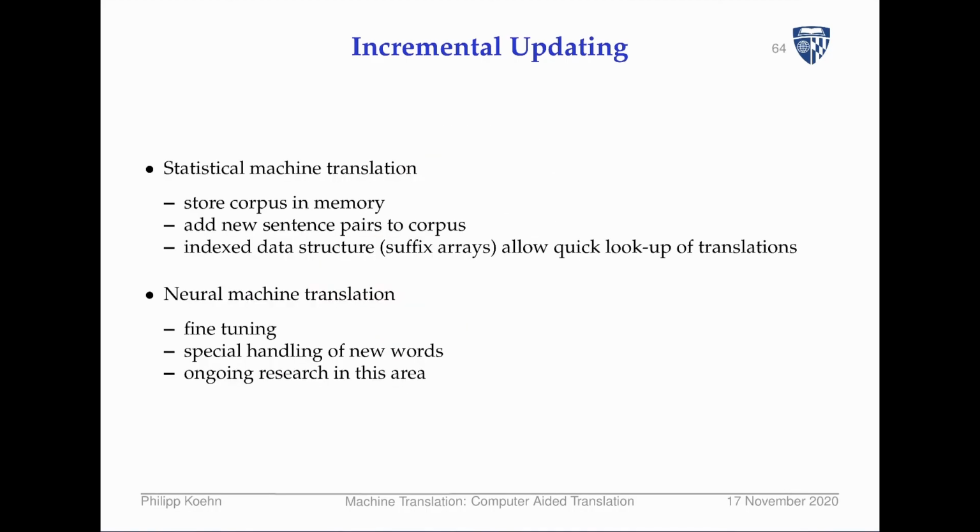In statistical machine translation, one big solution to that was to store the corpus in memory, so don't actually build a phrase table and run word alignment offline. We just store the corpus with word alignments in memory, and then when we want to add a new sentence pair, all we have to do is attach it to that list in memory, and then have an index data structure, a so-called suffix array, that allows quick lookup of translations.